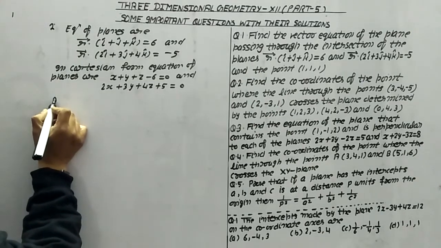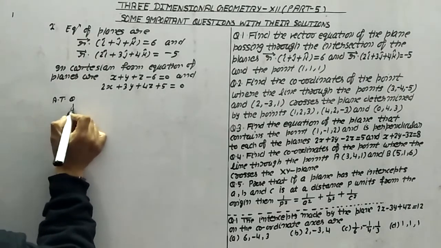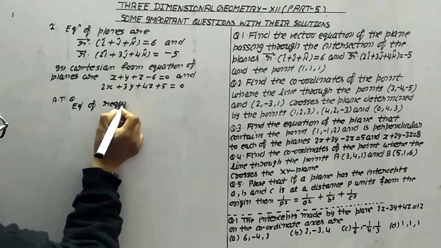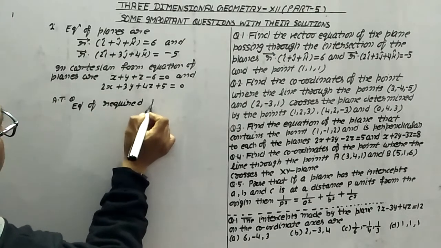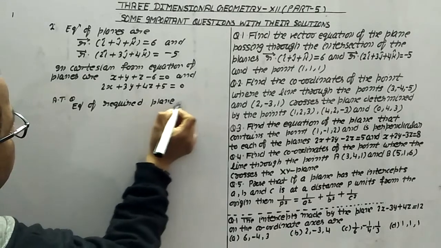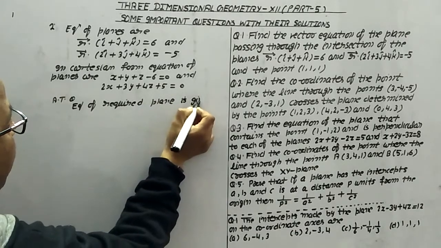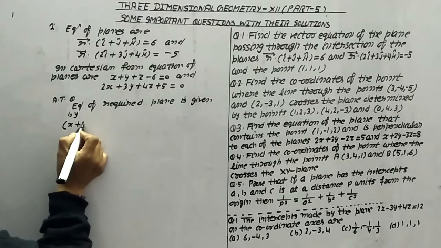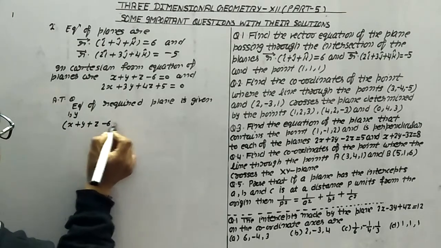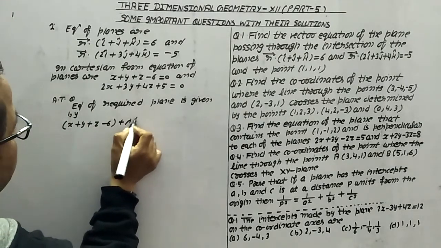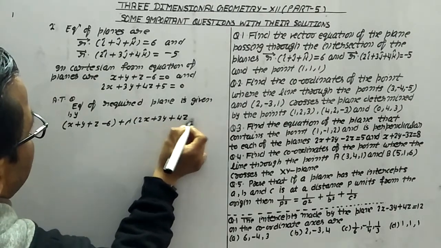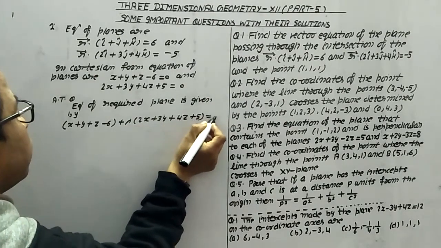Now according to the question, the equation of the required plane is given by, according to the rule, (x + y + z - 6) + lambda (2x + 3y + 4z + 5) = 0.